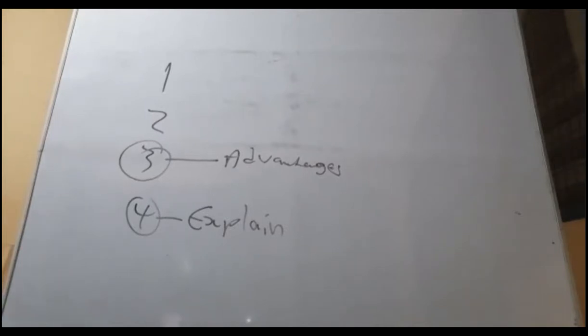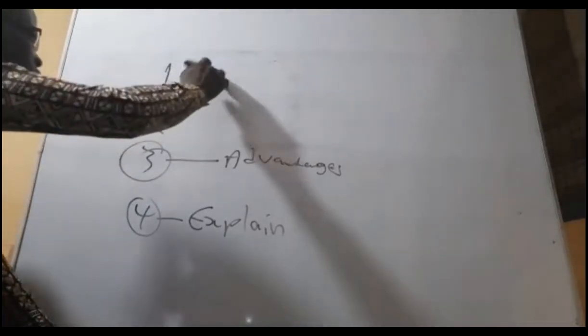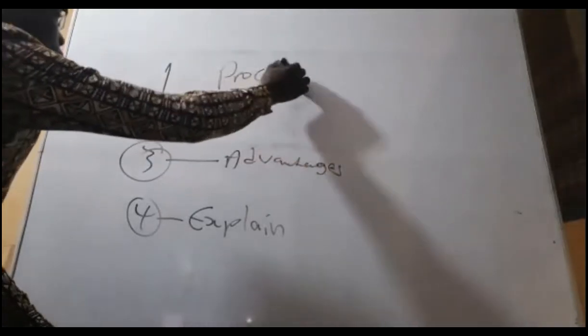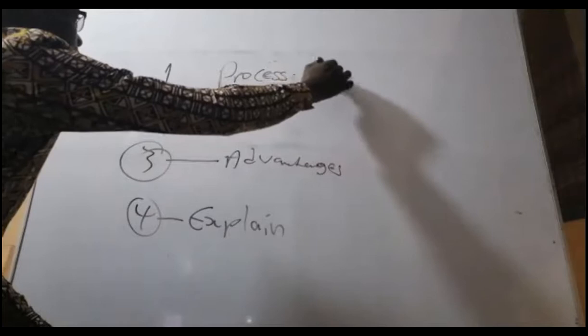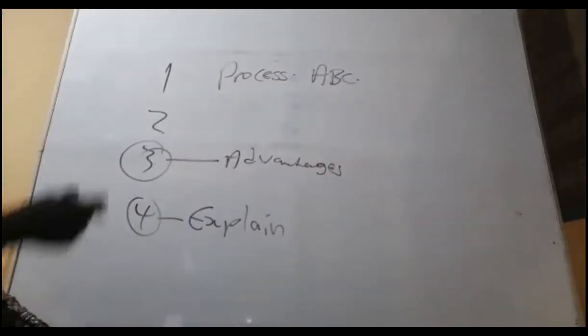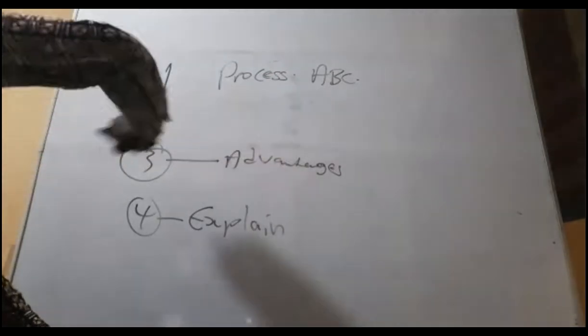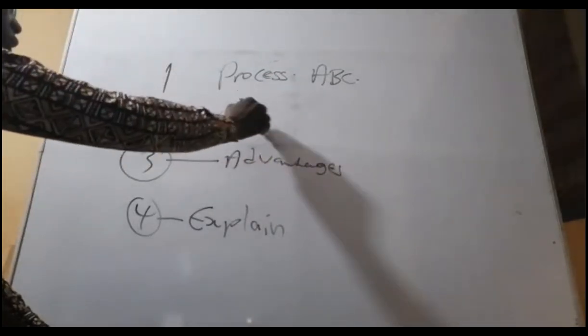So first question, practical illustration of the process of activity-based costing. Processes or the stages. Then the 2 was the criticism. So criticism.